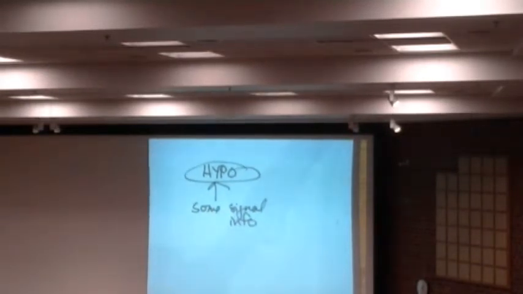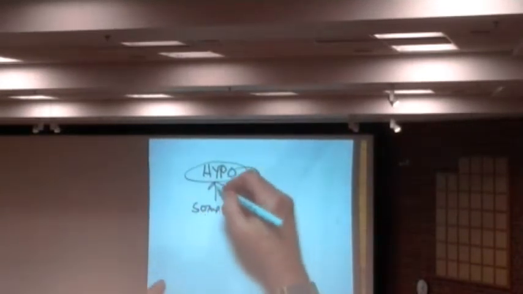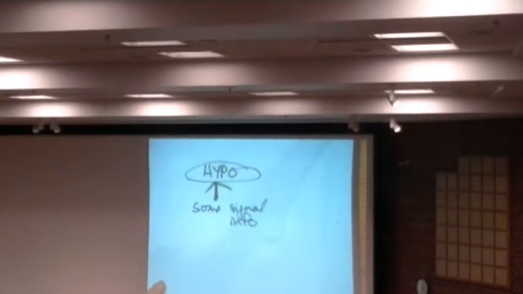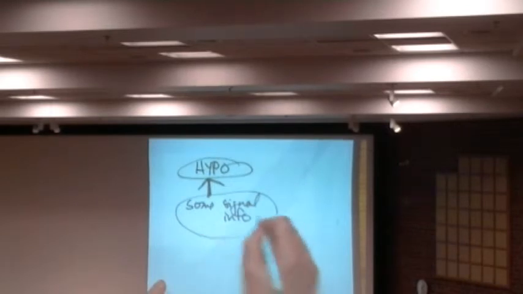The hypothalamus is making the decisions. It needs to make that decision based on information. What is that information? Where is that information coming from?